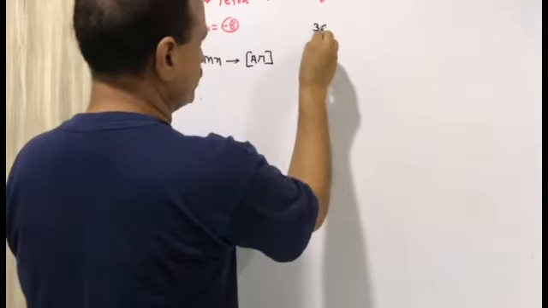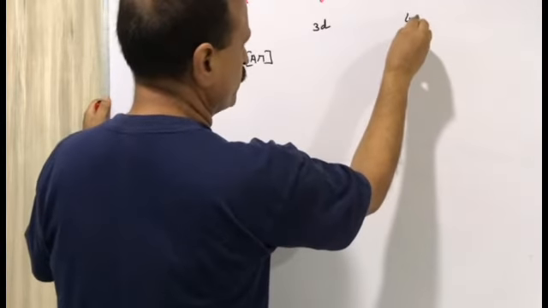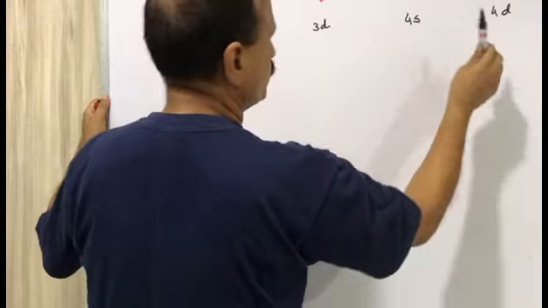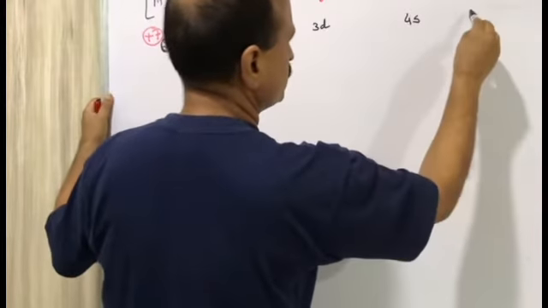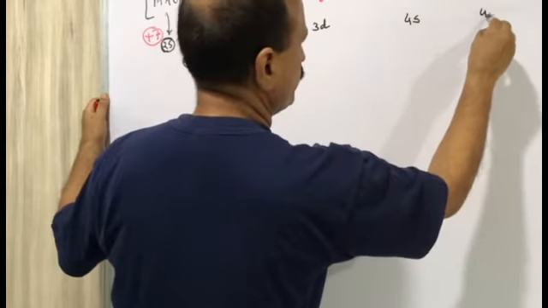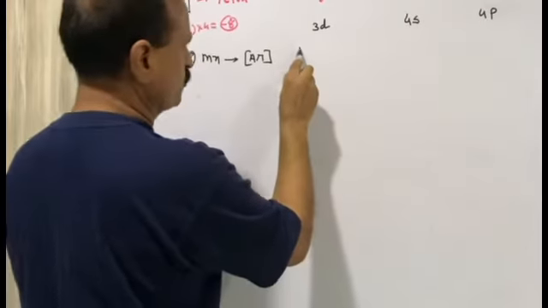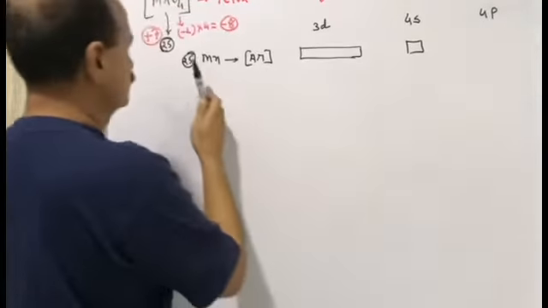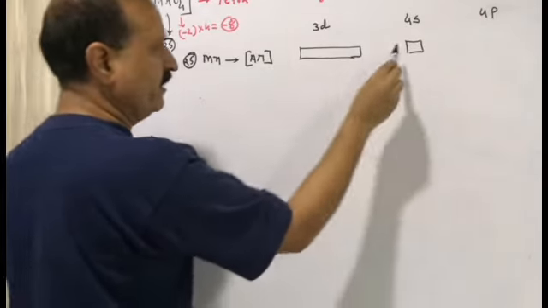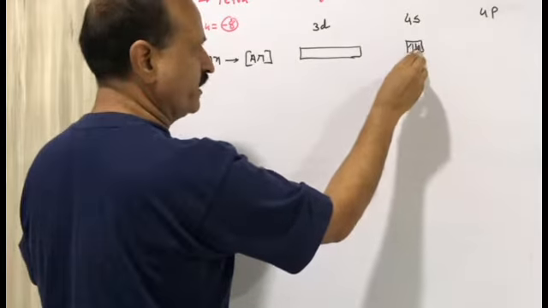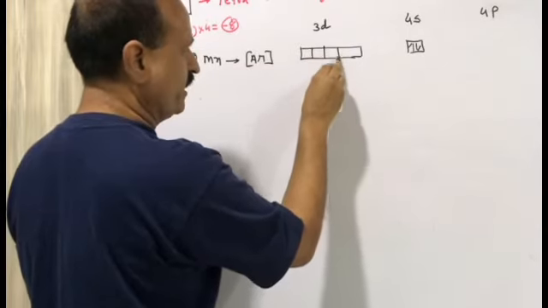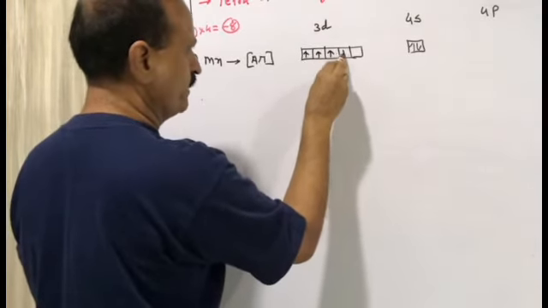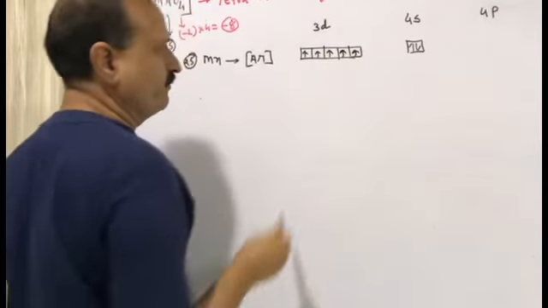Then here will be 3d, here 4s, and here 4p. So we fill a total of 25 electrons: argon 18, 4s fills first, so 18 to 20, and now we have 5 electrons: 21, 22, 23, 24 and 25.